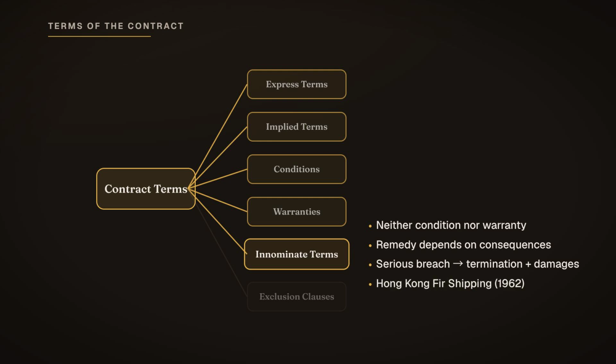That is, if it deprives the innocent party of substantially the whole benefit they were intended to receive. Because the charterers still received substantial benefit from the contract despite the delays, they could not terminate. They were limited to damages. The innominate term category gives courts flexibility, but at the cost of some certainty at the time of contracting.